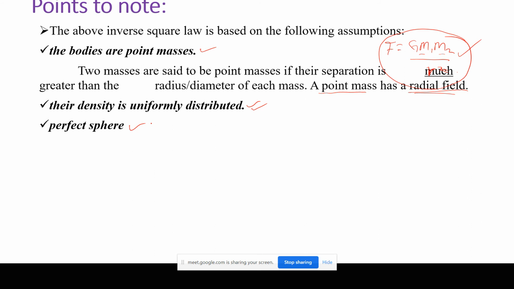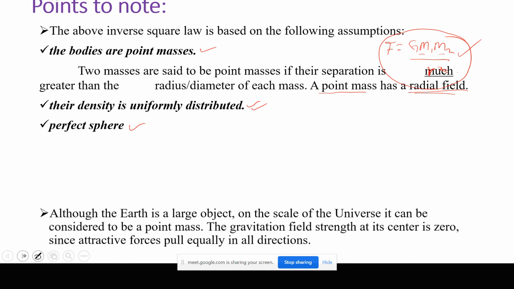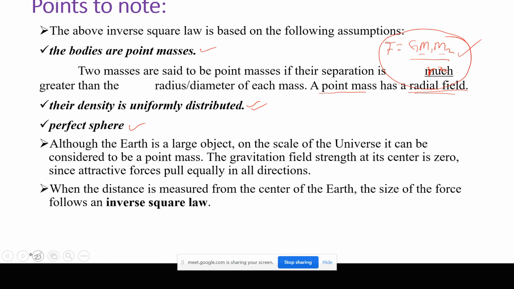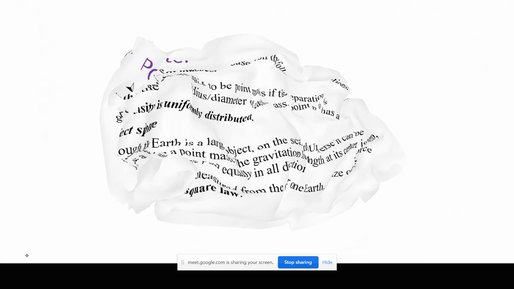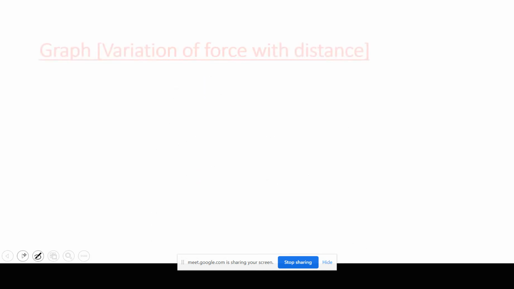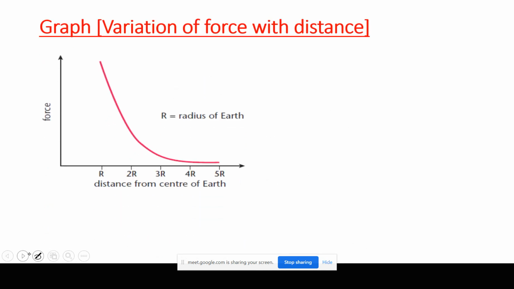That means if we were to sketch a graph of the variation of the force with the distance from the center of the Earth, then we would have such a graph. I'm just looking at the surface, because you may not easily enter deep into the Earth.